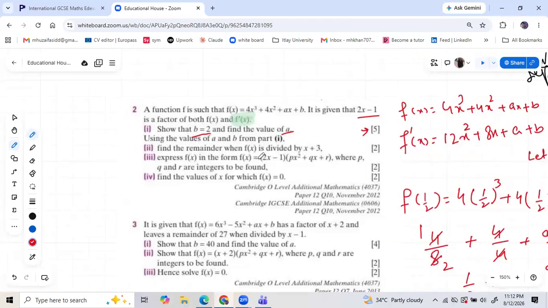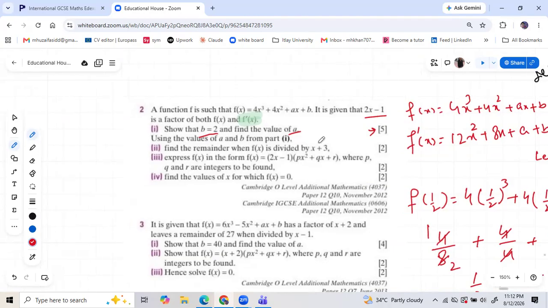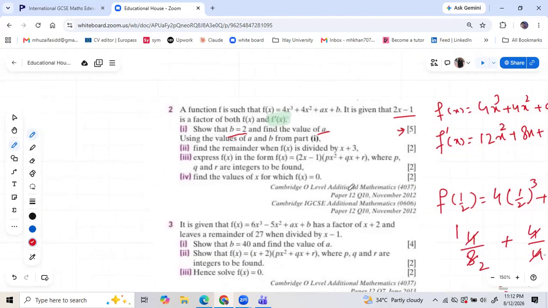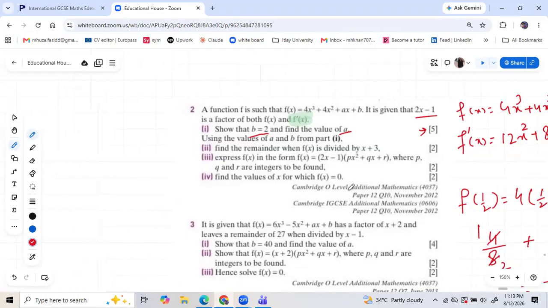Find the remainder when f of x is divided by x plus 3. Okay. So we want to find the remainder. Our equation is what?